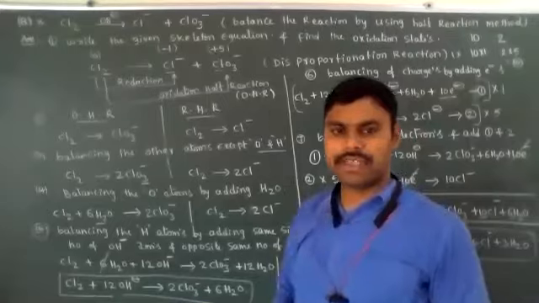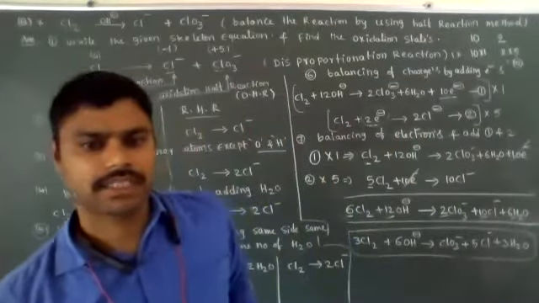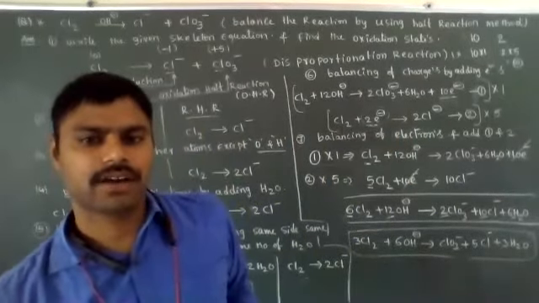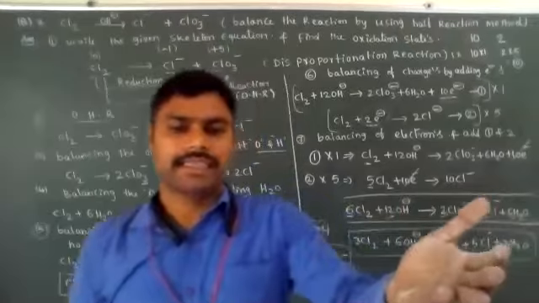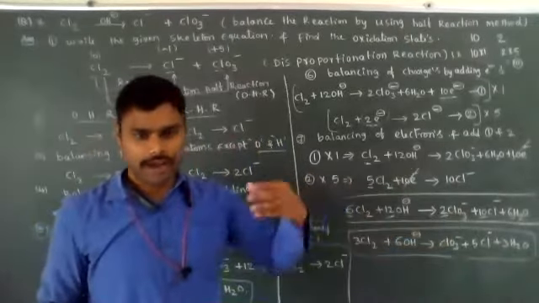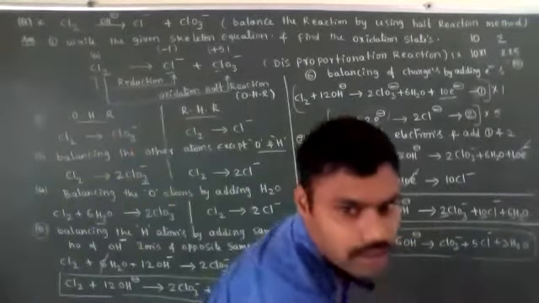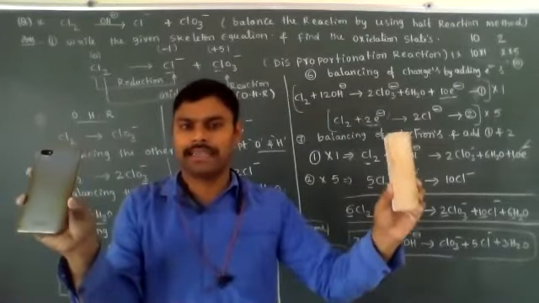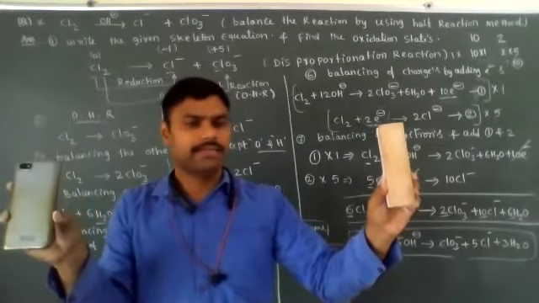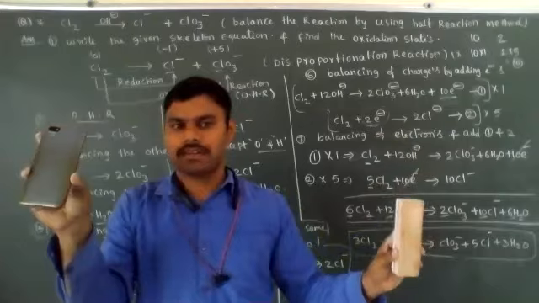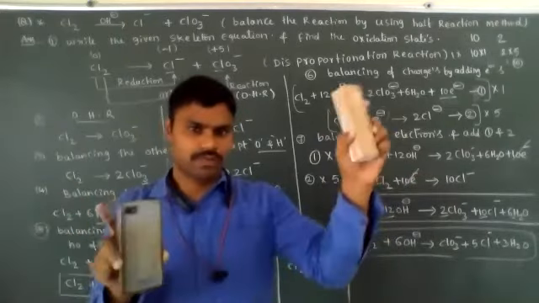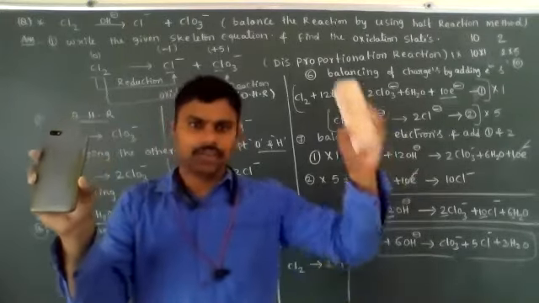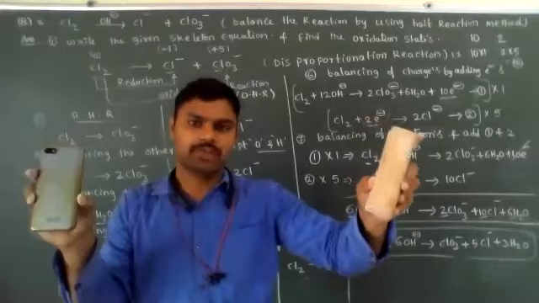Hey, last time we solved the 7th step for balancing of electrons. For example, on this side 10 electrons are present, on this side 2 electrons are present. How to balance? This is multiplied with 1, this is multiplied with 5, so 2 times 5 gives 10.